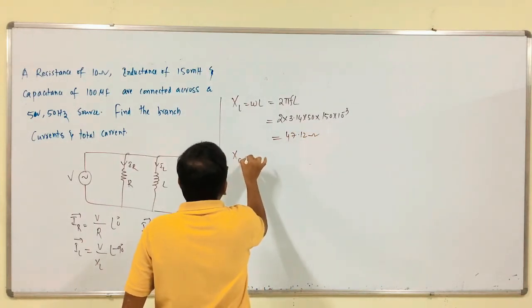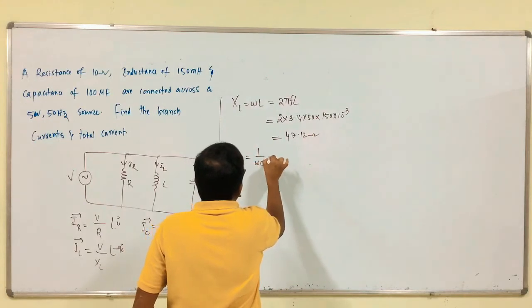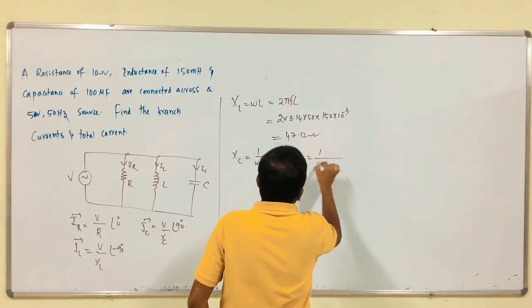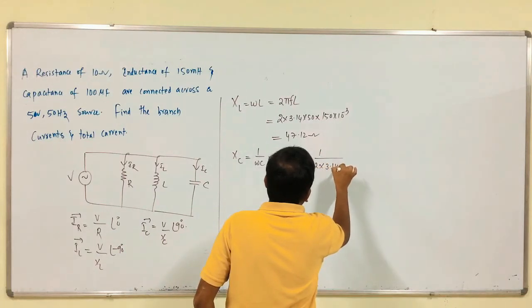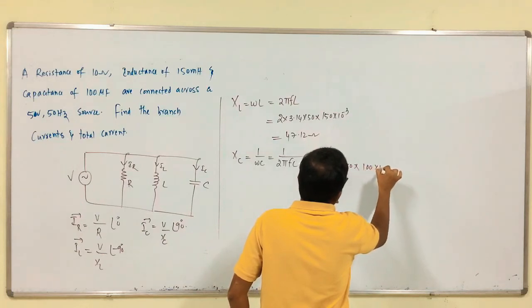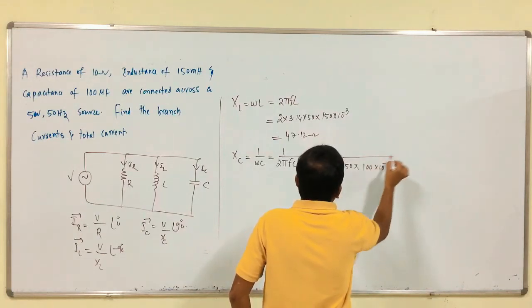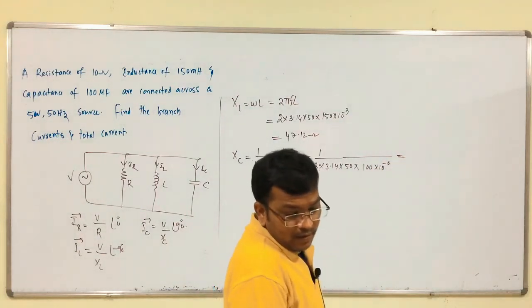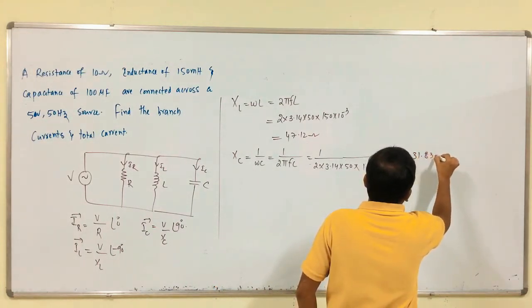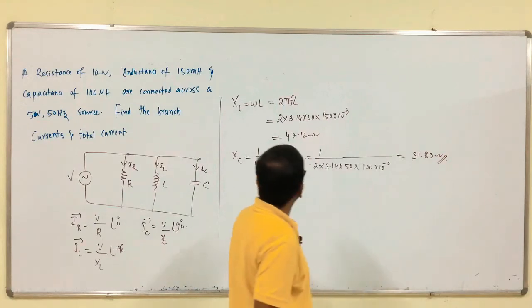Now it's time for XC, that is 1 by omega C, 1 by 2 pi FC, which is equals to 1 by 2 into 3.14 into 50 into C, which is 100 into 10 power minus 6, which is equals to 31.83. Right, this is about XC and this is about XL.